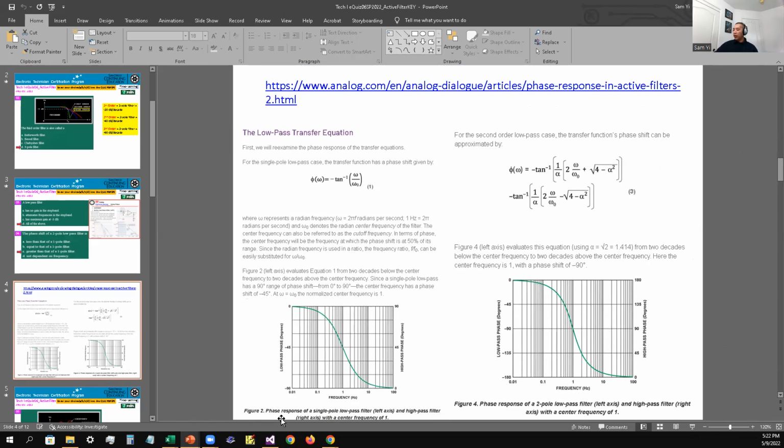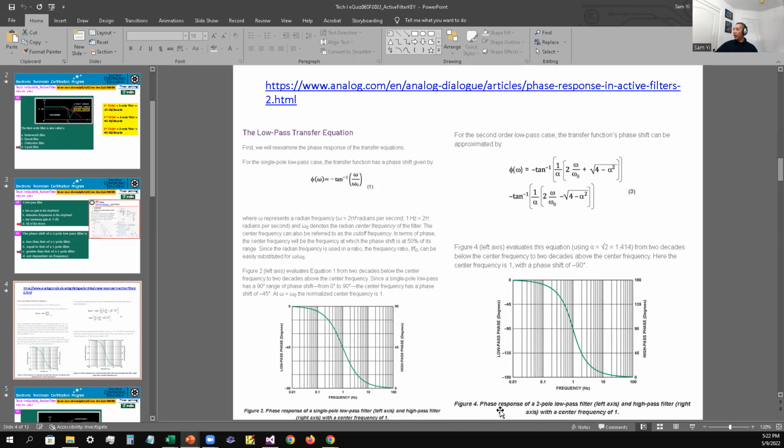Here you have the phase response of a single pole filter. In the middle it's going to be at 45, so from here to here the total is 90 degrees, 45 on top and 45 below. The low pass goes from 0 to 90 degrees.